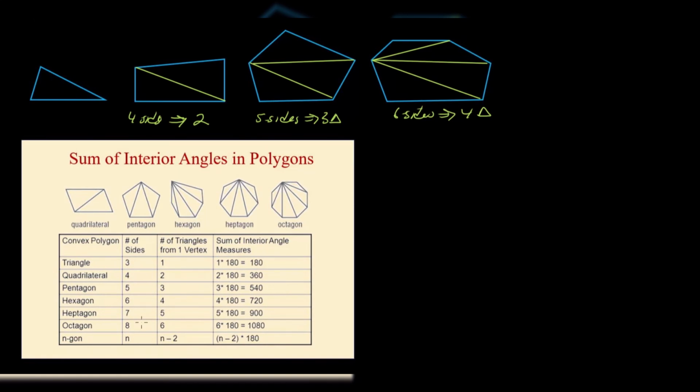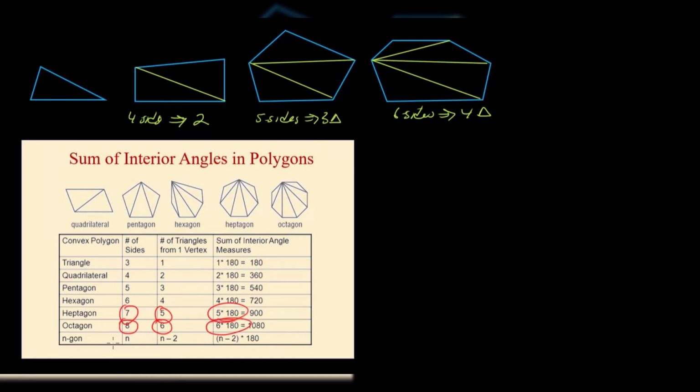So we can say, for an octagon, which is 8-sided, let's just go through this. Triangle, quadrilateral, pentagon, hexagon, 6-sided, heptagon. A heptagon is 7-sided, and you can make 5 triangles out of it, and that's going to be 5 times 180 degrees. An octagon, which is an 8-sided polygon, you can make 6 triangles out of it. It's going to be 6 times 180 degrees.